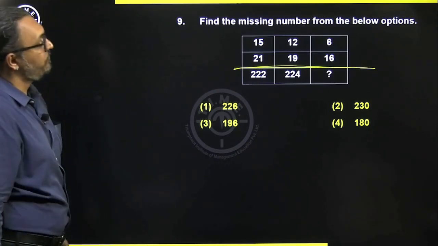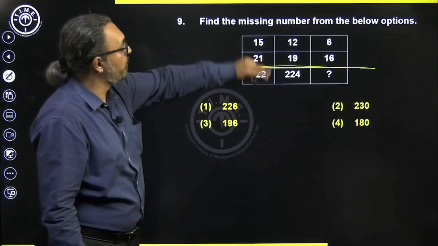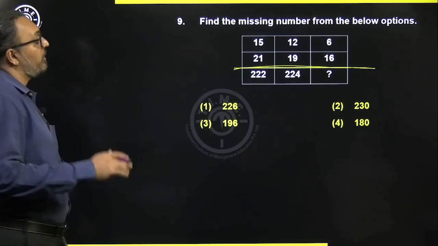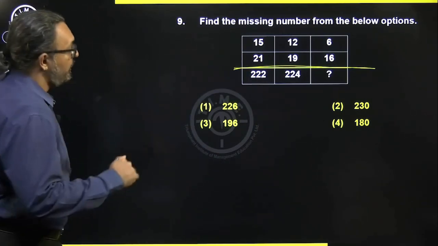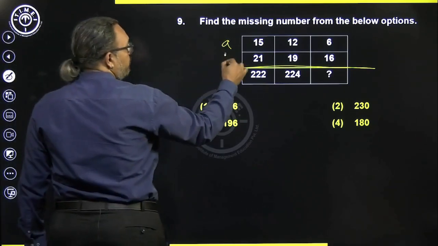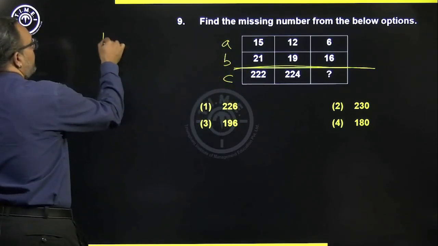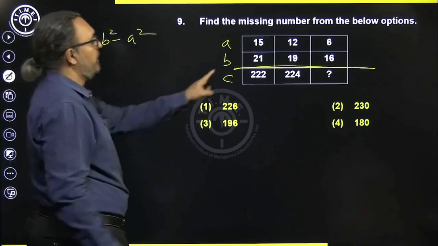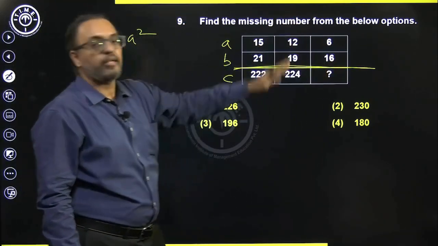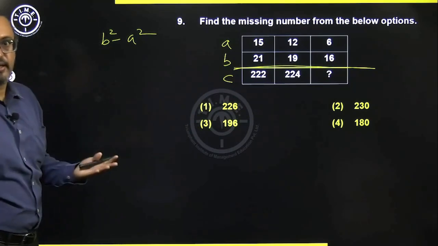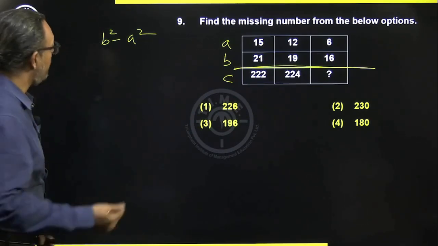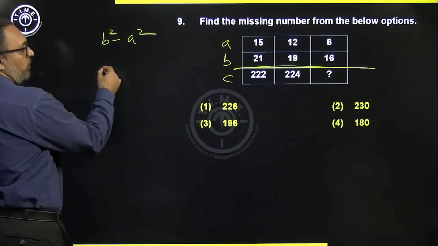So and here also some big numbers are there. So let's take squares, but this time let's subtract them. Means if you have A, B and C, first let us take B square minus A square because the second row numbers are bigger than the first row numbers. That's the pattern you observe there, correct?